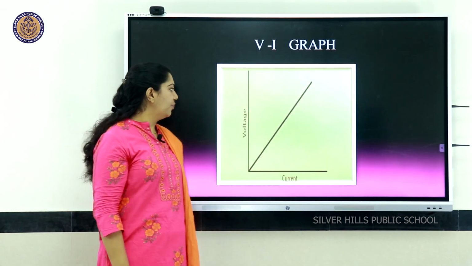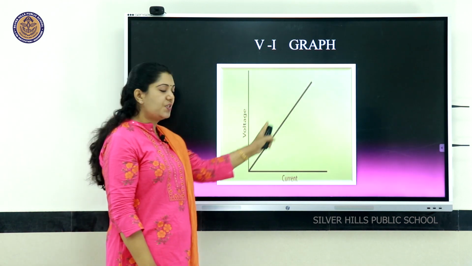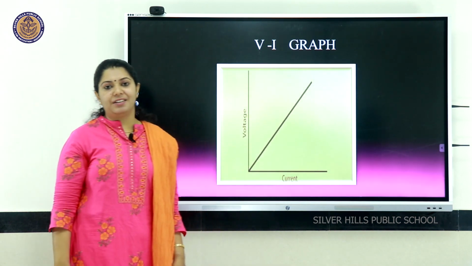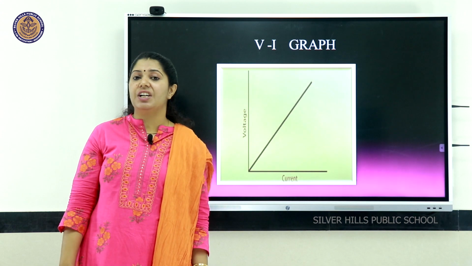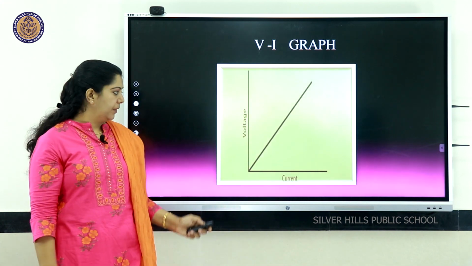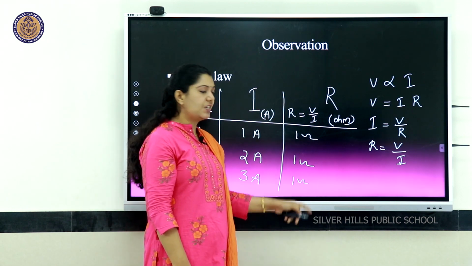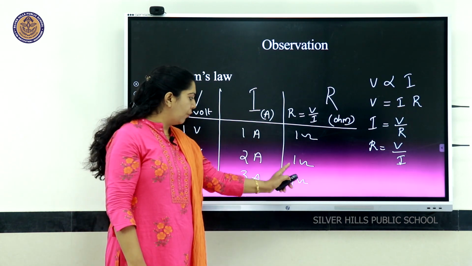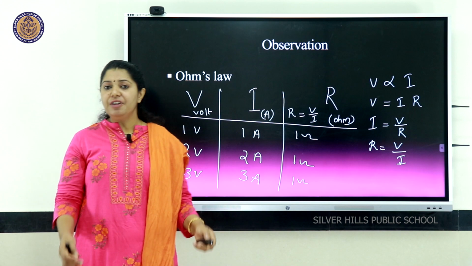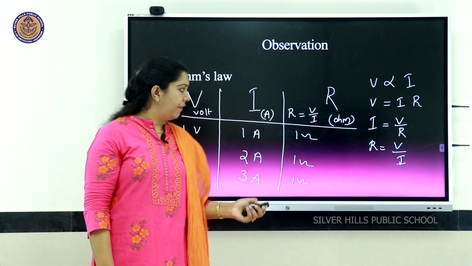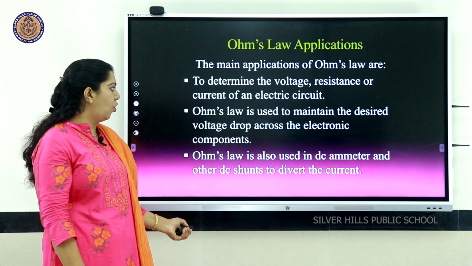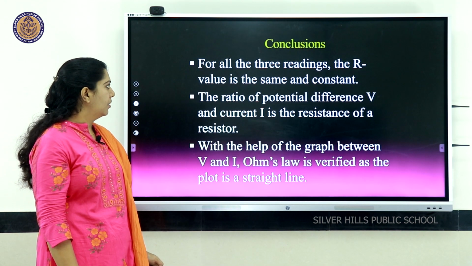We can conclude this Ohm's law. After getting this graph, we can see that it's a straight line. What is the meaning of that? It is saying voltage is directly proportional to current. And the other thing is that all the values of resistance are the same: 1 ohm, 1 ohm, 1 ohm. Again, this verifies Ohm's law. The value of resistance is the same for all observations.